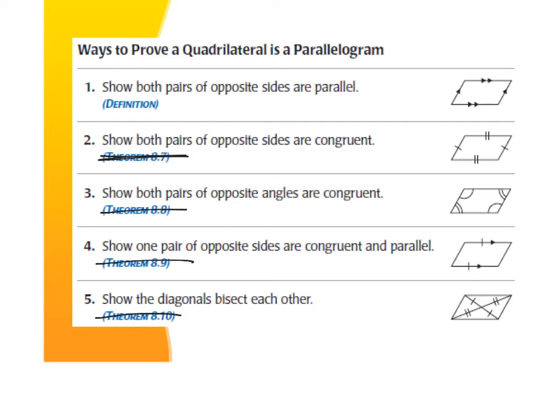We're going to give the statement. The only one that you could put down without having to restate what the definition is is this one. You could actually put as your reason definition of a parallelogram, or state that both pairs of opposite sides are parallel. That would be the only one that you could shorten.